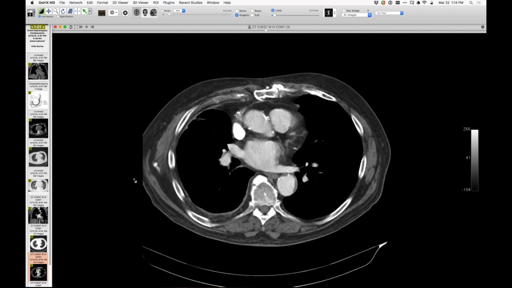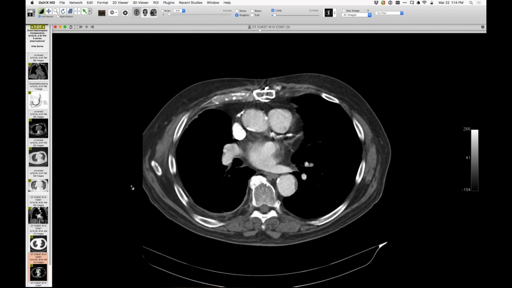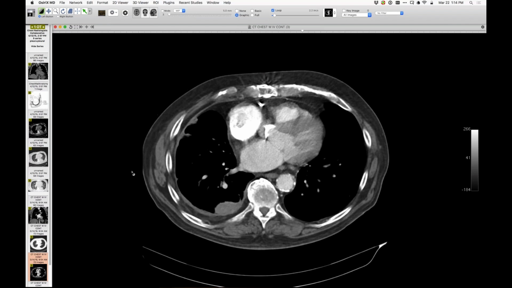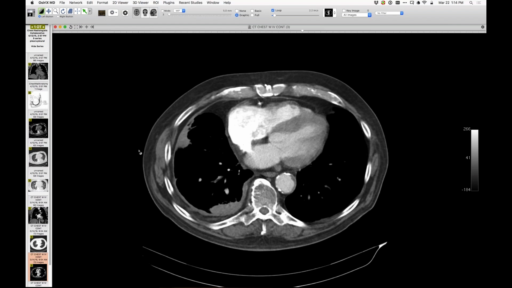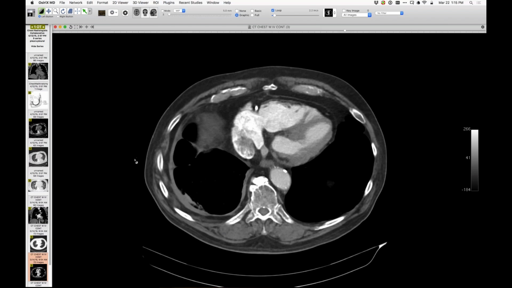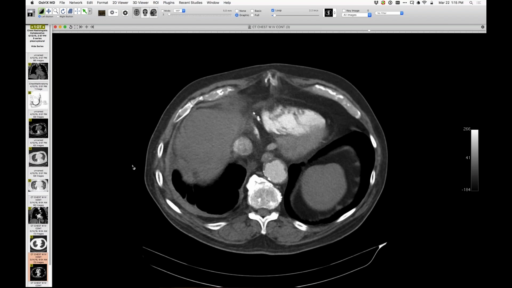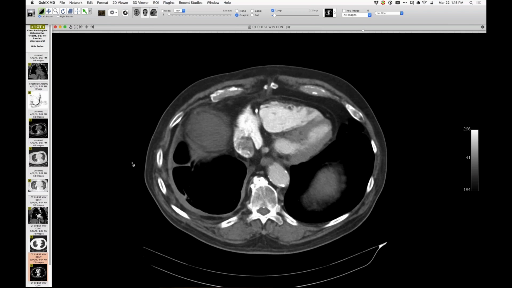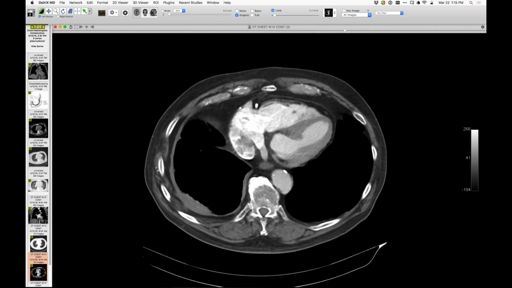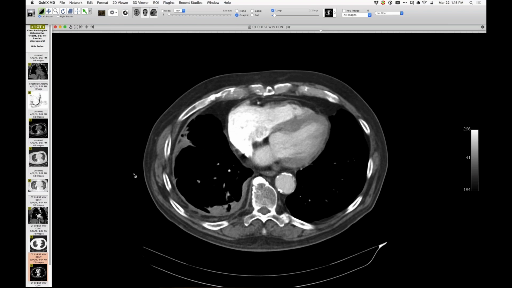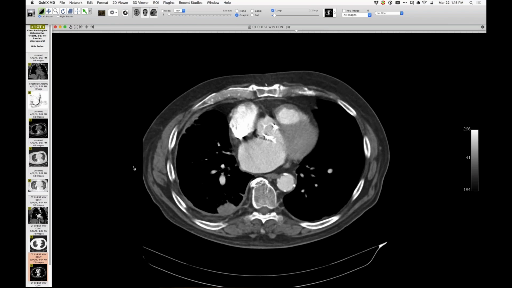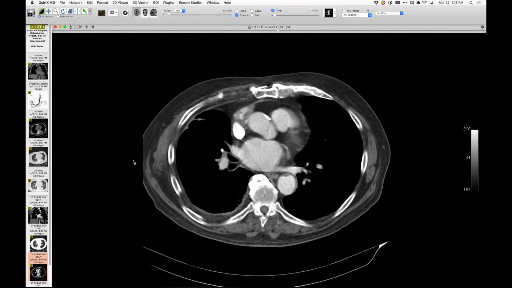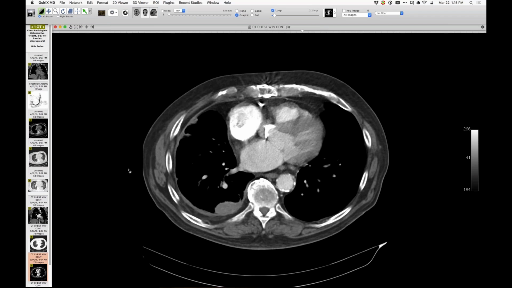And we've shown cases like this before, but this one's a fairly dramatic example of this phenomenon where when you have chronic pleural disease, and you can see how much pleural thickening is present in that right hemithorax, there is a lot. How much fat we have as well. So hyperplasia or hypertrophy of the extrapleural fat in cases of chronic diffuse pleural disease. This is a really nice example of that phenomenon.